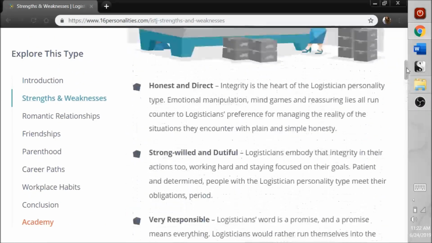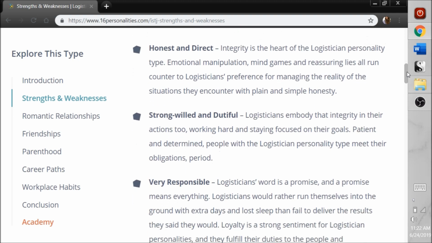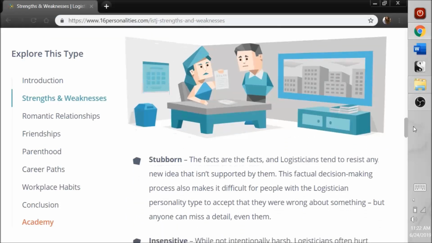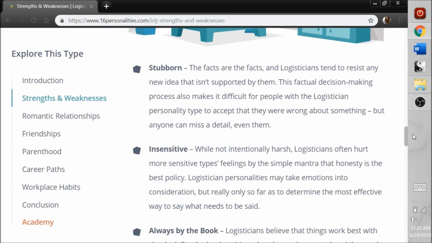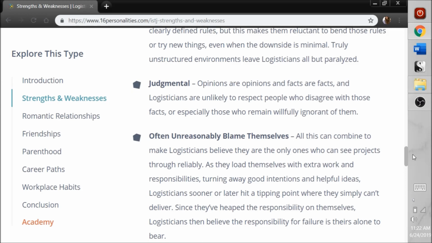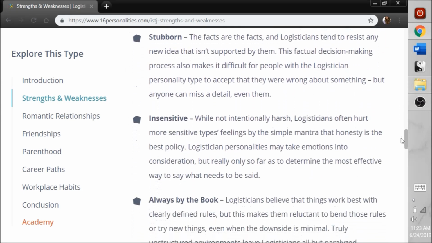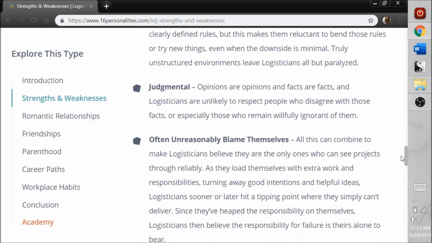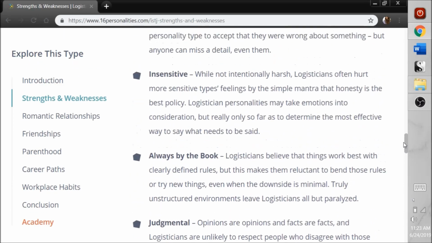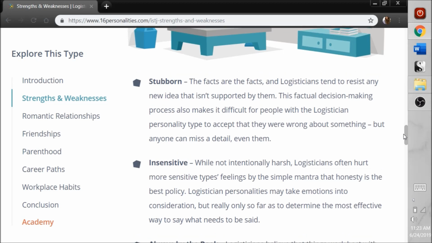So if you're writing a character who is very honest and direct and strong-willed and responsible and practical, then it might logically follow that they would be a little stubborn and insensitive and maybe a bit judgmental. If you give that character these weaknesses, that is likely to come across to readers as being believable weaknesses for a character like that to have.